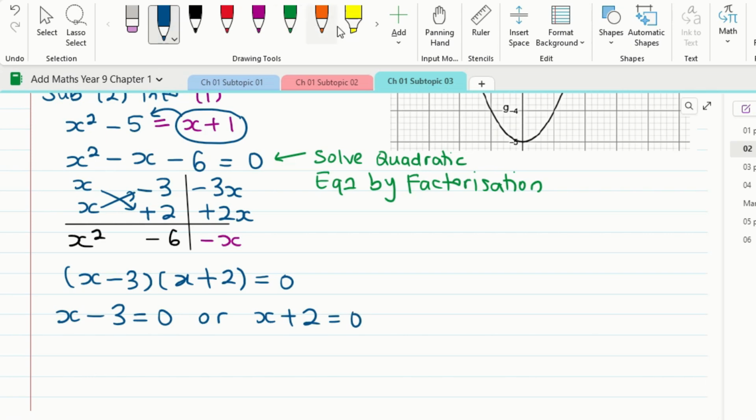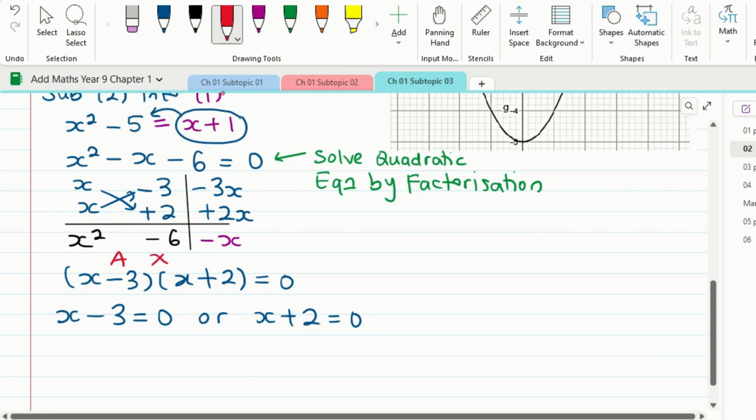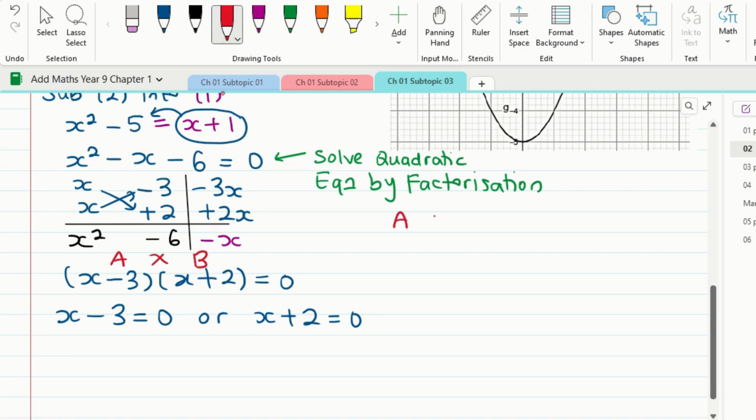So now I'm just going to briefly explain the concept of getting this. Imagine that these two expressions are called A and B. So here, you are trying to say that A times B equals 0. So logically, only one of them is 0 because 0 times 0 is not equal to 0.